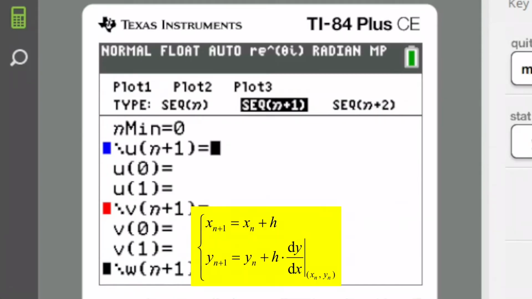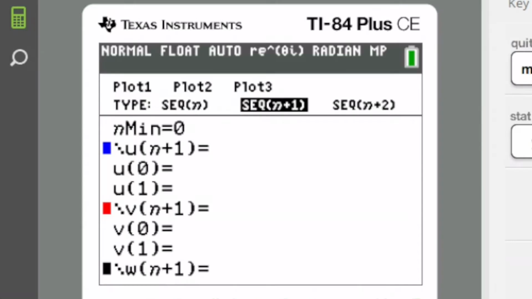Next, we are going to show you how to input the first equation of the system to the GDC. From the first equation of the system, we have xn plus 1 equals xn plus 0.1. Then on the left hand side, u bracket n plus 1, just like xn plus 1. Which means the first term on the right hand side, we are going to input xn first, which is equivalent to un.